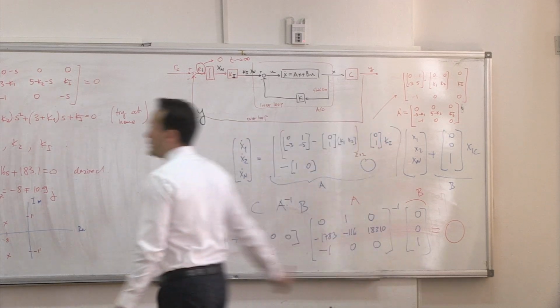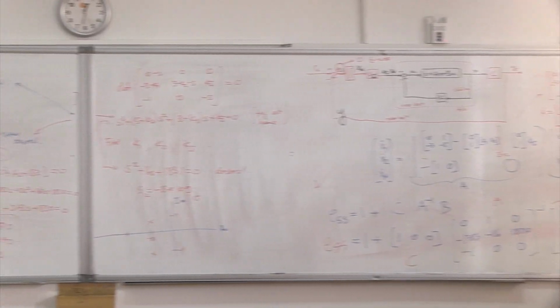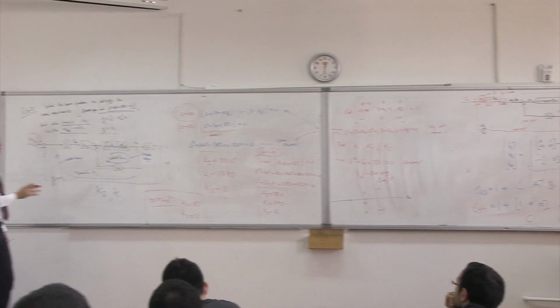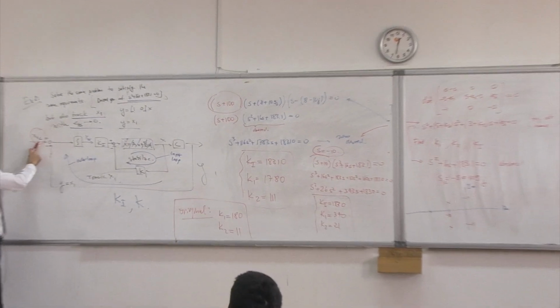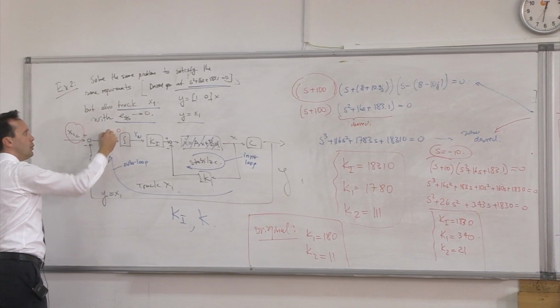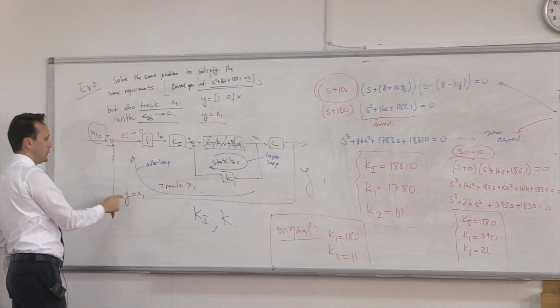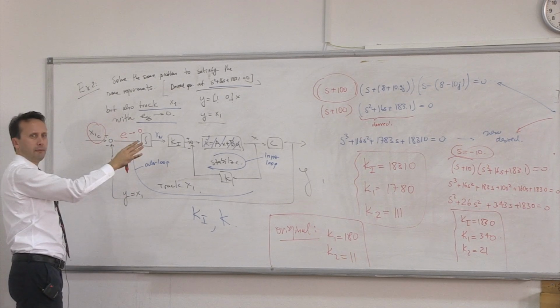And RC in this problem will be x1c because C is equal to 1, 0. So, did we accomplish what we wanted? The answer is yes. First of all, we stabilized the system. Secondly, we are tracking x1. And we know that this error will go to 0 as time goes to infinity. That's what we wanted. We are comparing x1 with the x1 command. This will go to 0, so that's perfect.